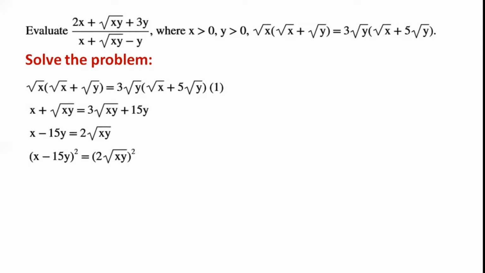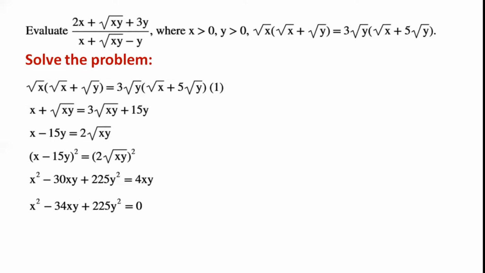Now, square both sides of the equation. We have x² − 30xy + 225y² equals 4xy.